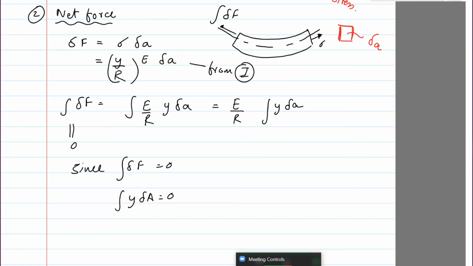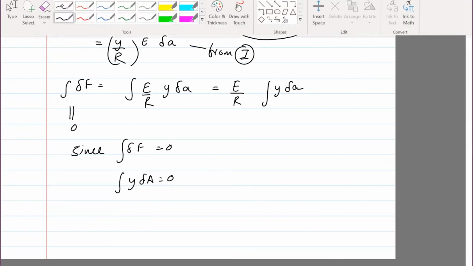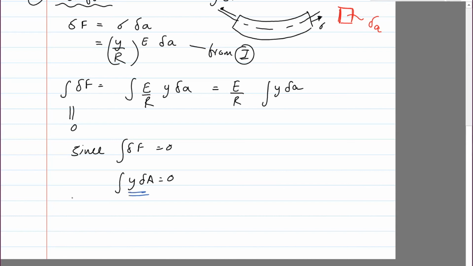When the integral of y dA is 0, then we can be certain that the neutral axis is actually the centroidal axis. The neutral axis is the centroidal axis. So this expression implies that the neutral axis is the centroidal.